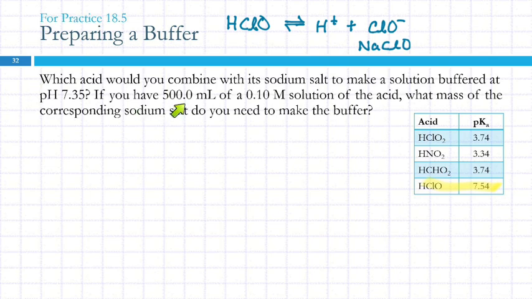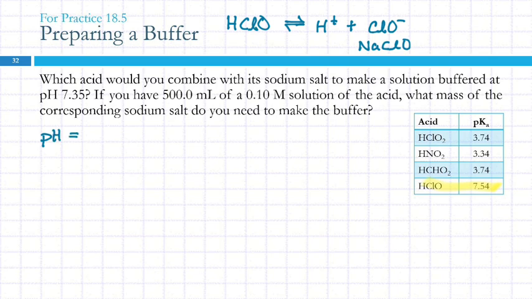If you have 500 milliliters of a 0.1 molar solution of the acid, what mass of the corresponding sodium salt do you need to make the buffer? And we're not going to use any tables here. We're just going to use the Henderson-Hasselbalch equation.